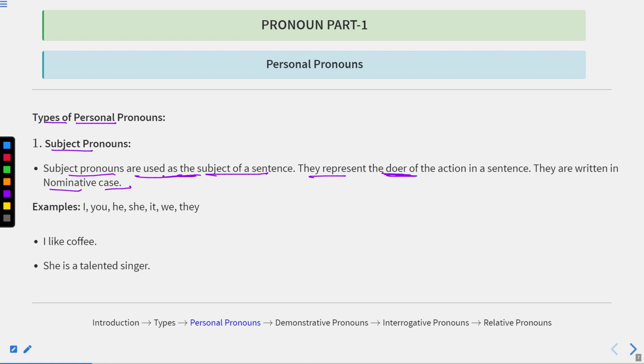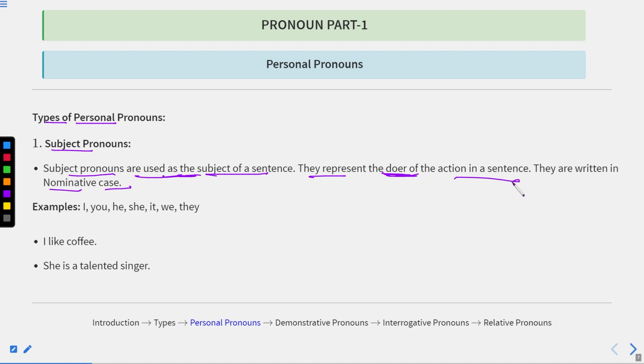They represent the doer of the action in a sentence. Now we know very well what a subject is. Subject is someone who does the action. It means the doer of the action is known as the subject. Also, whom we are talking about is known as the subject. So the subject can be defined as the person whom we are talking about, or the person who is the doer of the action.